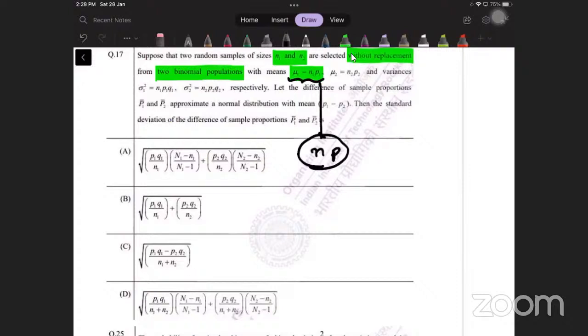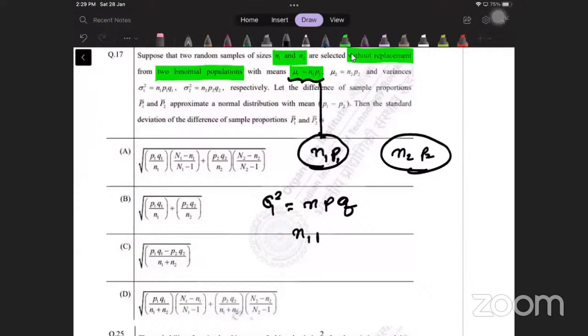That is exactly what we have been given. And the variance is given by NPQ, right? So it will be N1 P1 (1 minus P1) and N2 P2 (1 minus P2). These are the variances of the binomial populations.